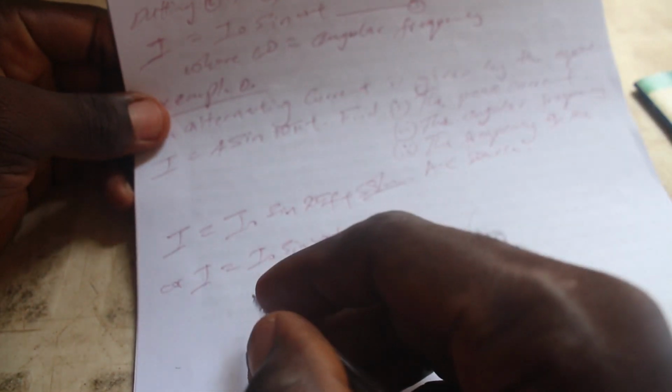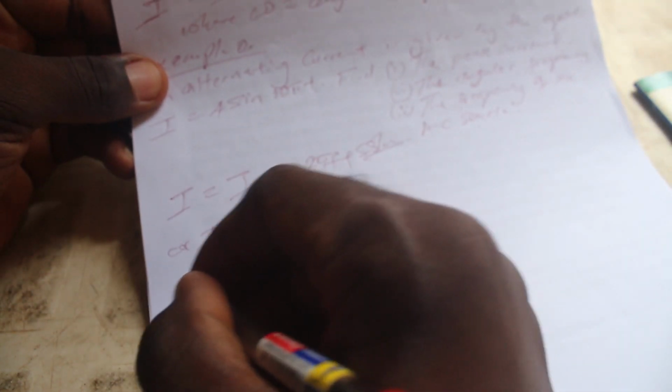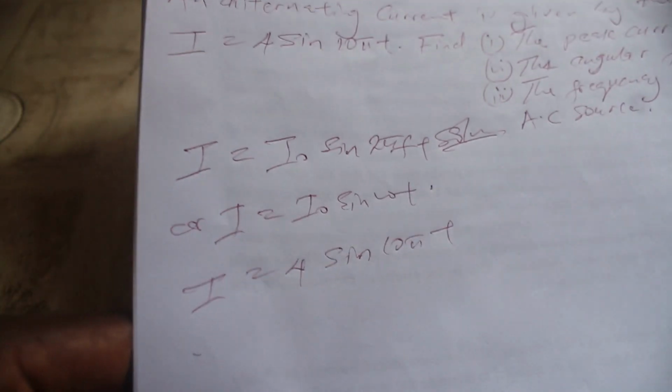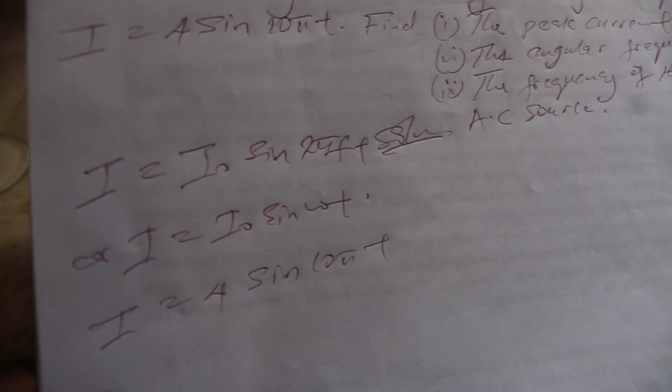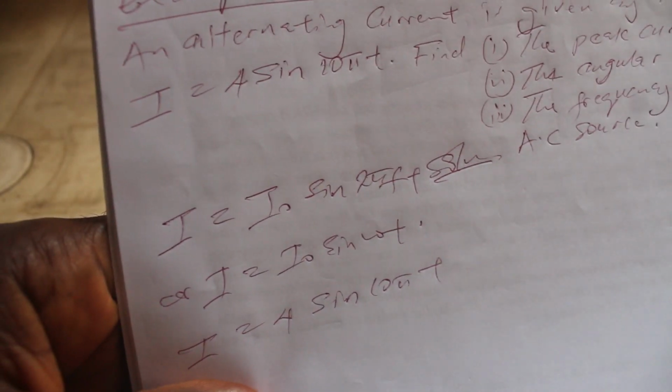Now from the question, the alternating current was given as I = 4 sin(10πt). So what we're going to do now is just take correspondence.